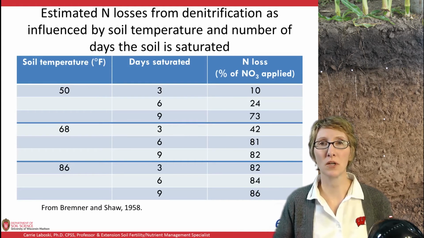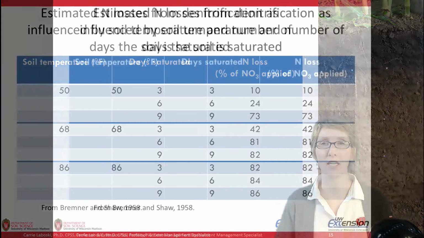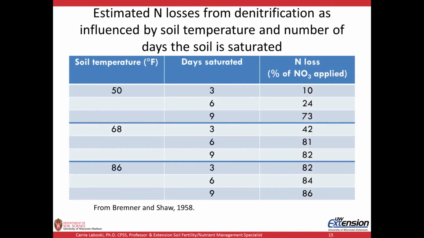And I just wanted to show some data from an older study where they looked at the effect of soil temperature, the number of days where the soil was saturated, on the nitrogen loss. And what we're looking at on nitrogen loss here is the percentage of nitrate applied that was lost.